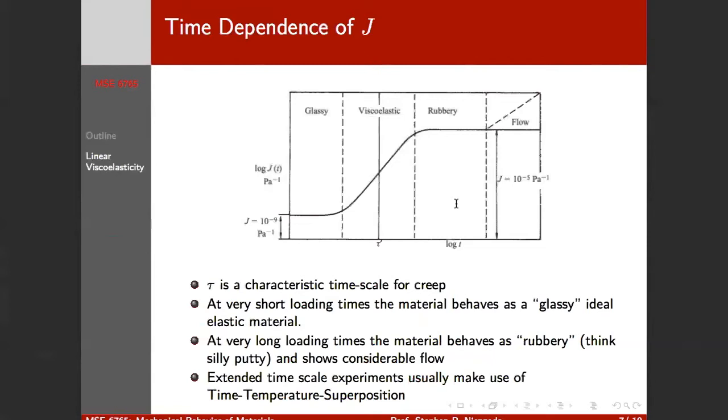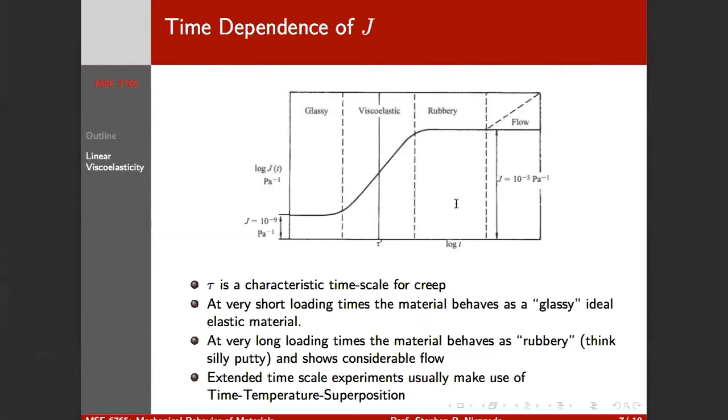The cool thing about this is, we'll talk about this when we talk creep, we can use it in the next lecture to develop a sort of time-temperature superposition. We can look at how these viscosities change with temperature to relate how they're going to change with time. If we have a material that flows very, very slowly, we can't sit around and wait for that to happen to measure our compliance.